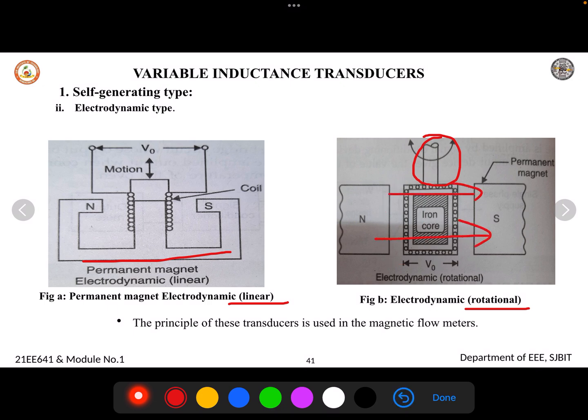Whenever the coil rotates and cuts the magnetic field, the EMF will be induced and that will be measured as V0. This V0 will be proportional to the rotation which happens with respect to the mechanical input. So this is regarding the variable inductance transducer as a self-generating type. Thank you.